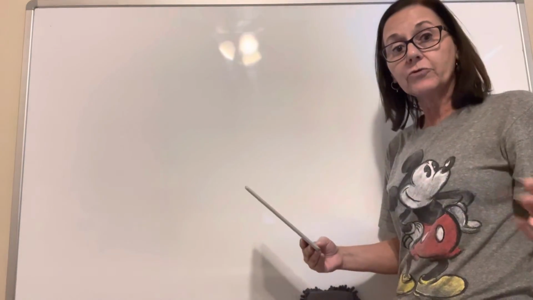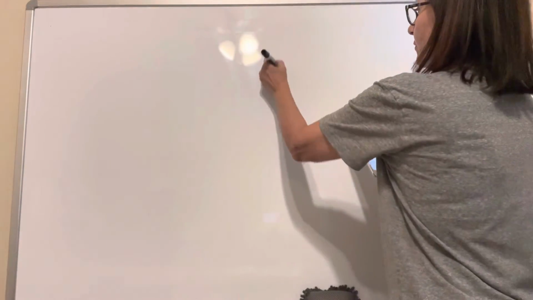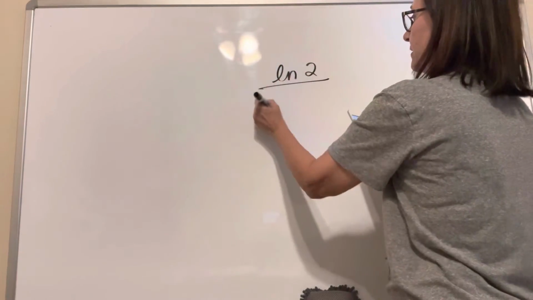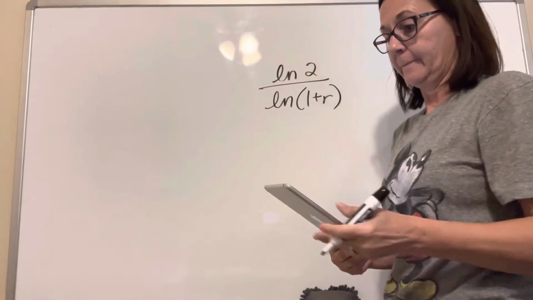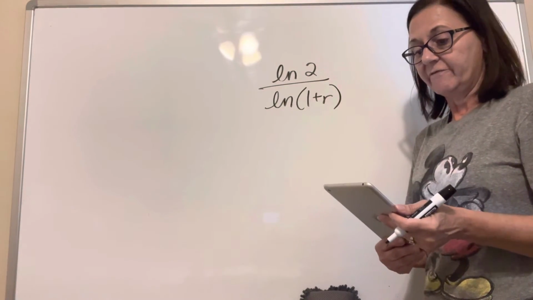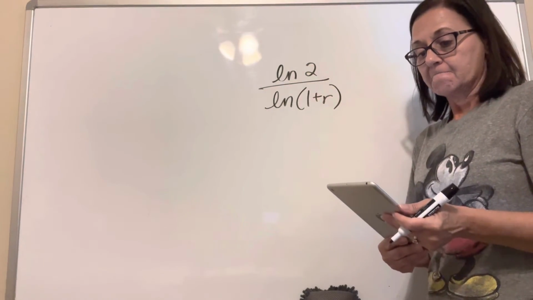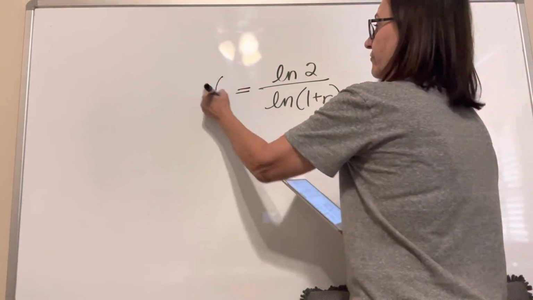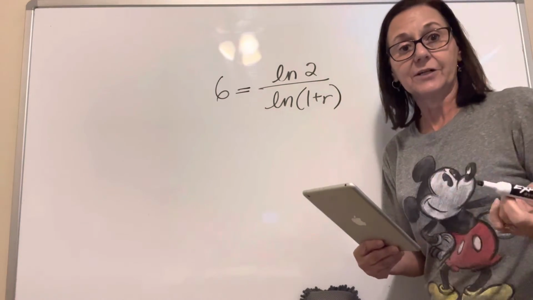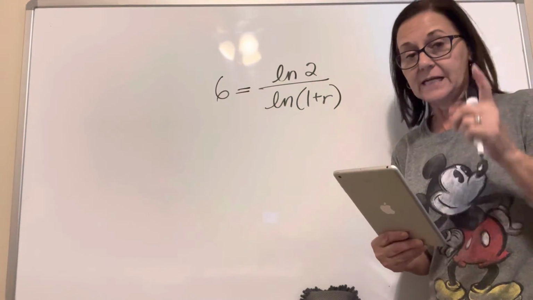Now we don't know the rate. So we have the ln of 2 divided by the ln of 1 plus the rate. That's what we don't know. In order for the investment in part A to double in 6 years. So that's what we want to know. In 6 years, how much will it take to double?